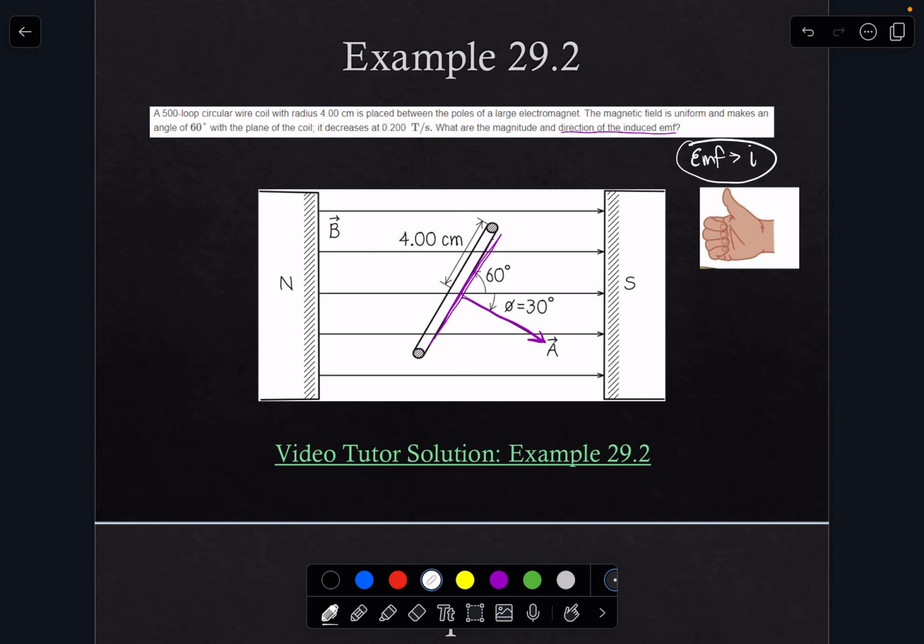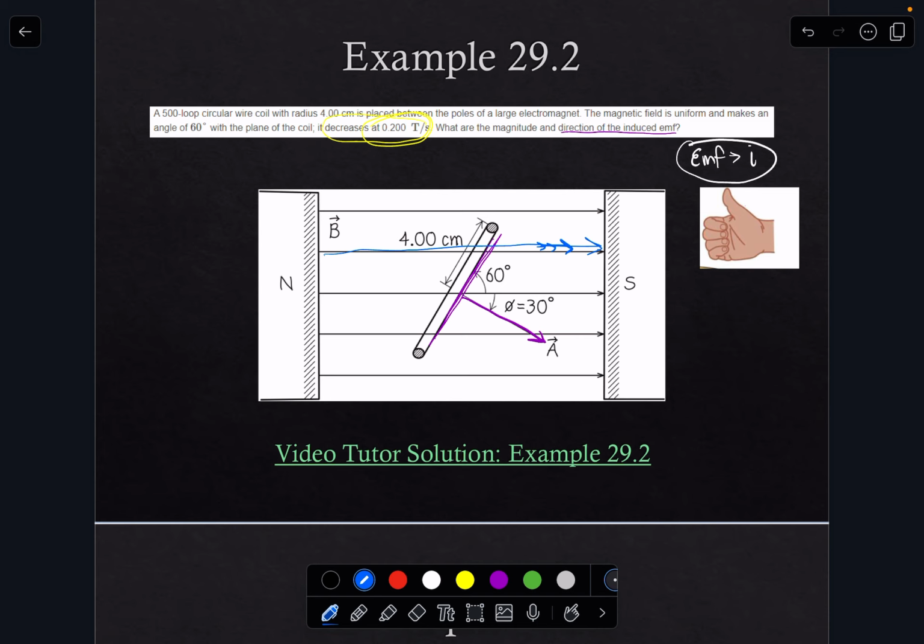Well, if we read the question, the aspect that's changing with time is the magnitude of the B field. And what direction is the B field? The B field is right here, going straight across, and its magnitude is decreasing with time. So that vector is getting smaller and smaller. The EMF that's generated is going to be created by a separate magnetic field that will oppose that change.